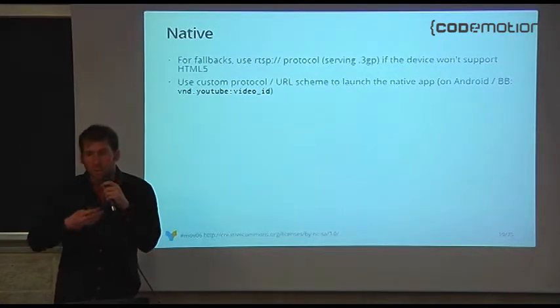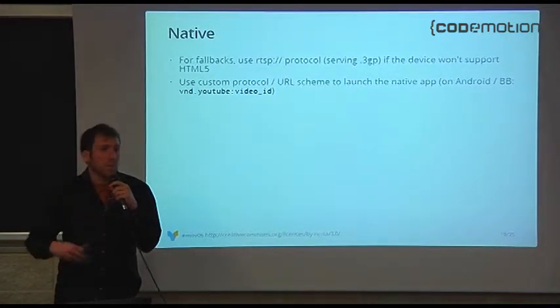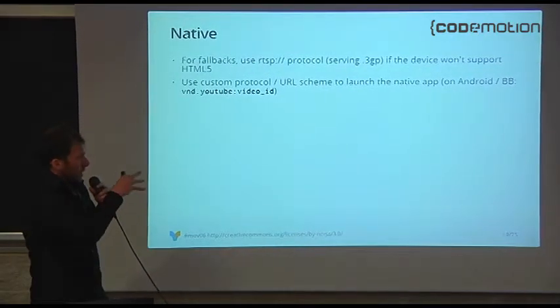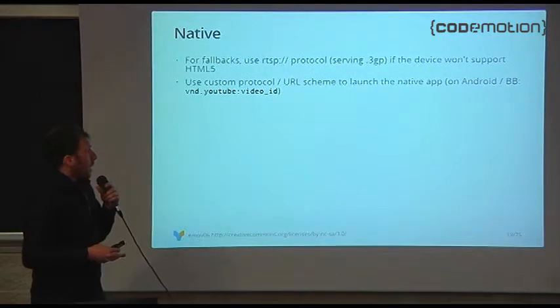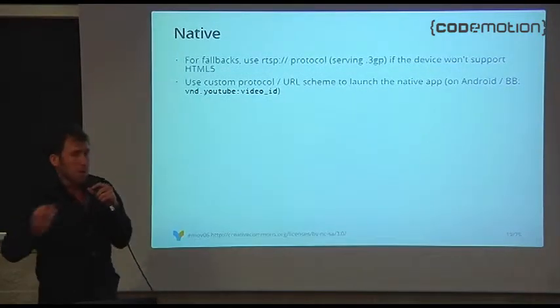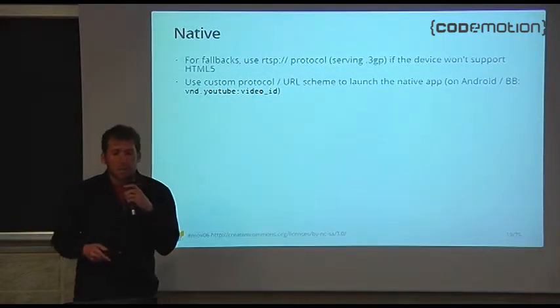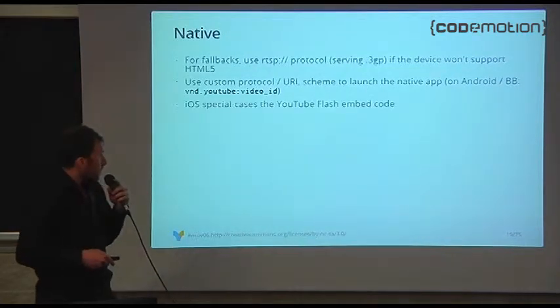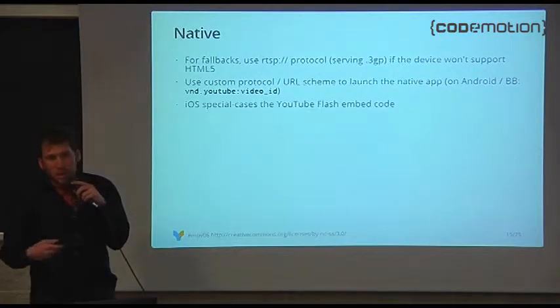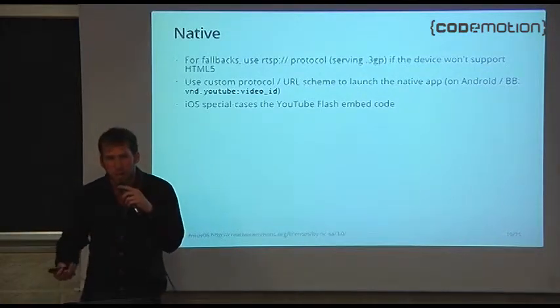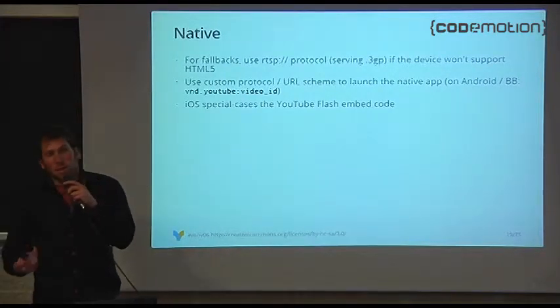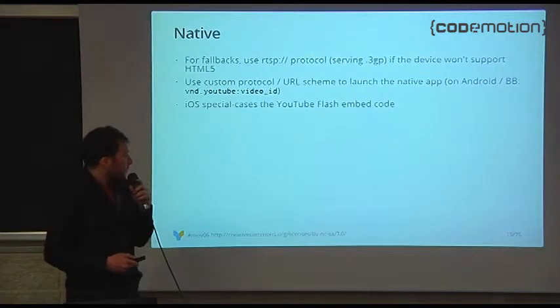Also, if we want to run an app when somebody hits a YouTube embed, there are custom protocols on Android and iOS where we can open up our app. I don't believe Windows phones have this yet, but it might come in the future. For YouTube, a lot of times they special case it, which you won't necessarily get if you're building your own application. This also causes problems if they special case it and then you can't go to the app that you actually want.